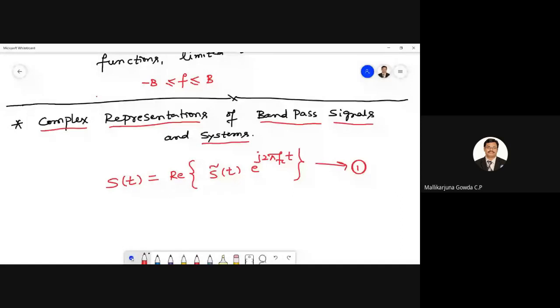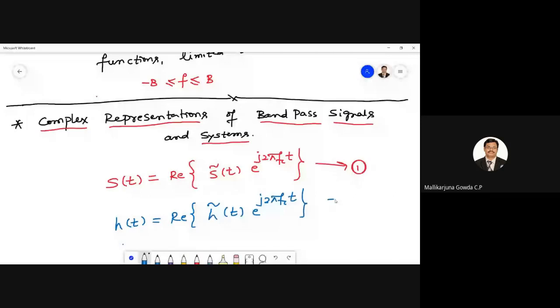In the same way, how can I express the bandpass system, with impulse response h of t, in terms of the complex impulse response h tilde of t of the system? h of t is equal to the real part of h tilde of t times e power j2 pi fct. Just now I discussed this, right?